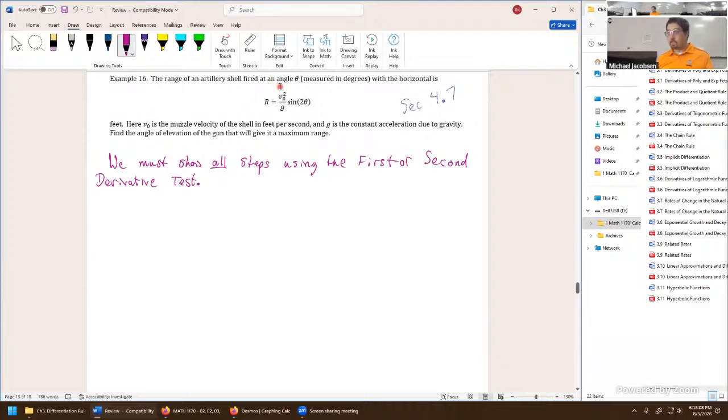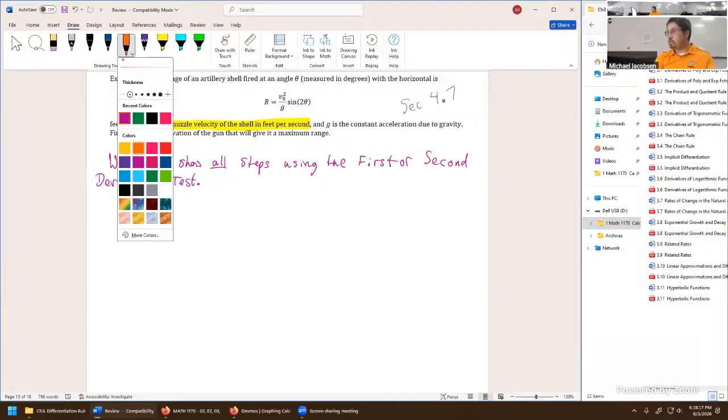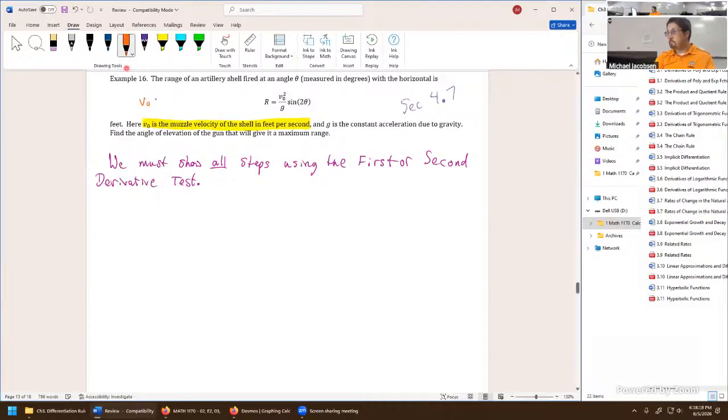So we have V naught squared there. But if that's the case, we're going to make a big assumption and assume V naught is constant. So the gun is going to be operating in a normal way. The muzzle velocity of the shell isn't going to change from operation to operation.